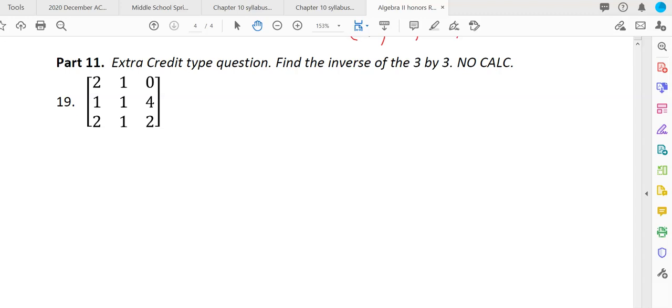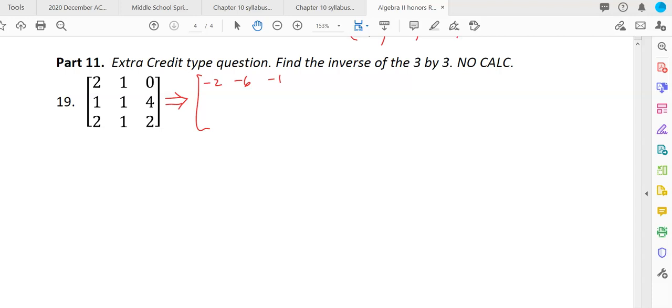So I'm going to first do the minors. To get that, you kind of mentally cross out the row and column there. 2 times 1 is 2, minus 4 is negative 2. Top middle will be 2 minus 8 is negative 6. Top right will be 1 minus 2 is negative 1.